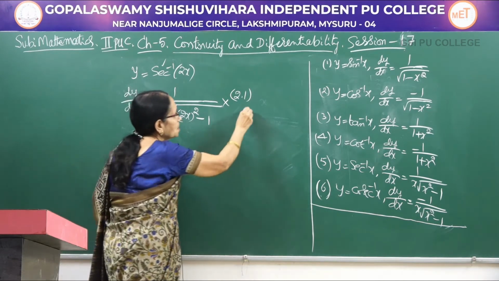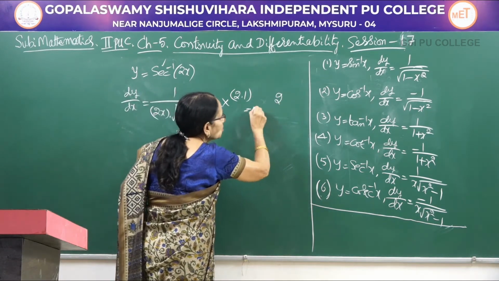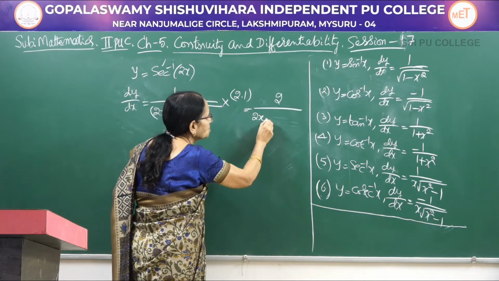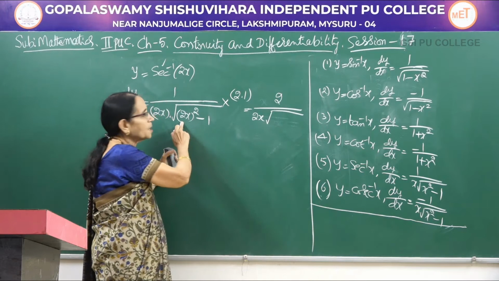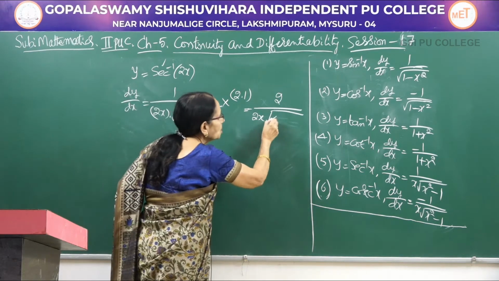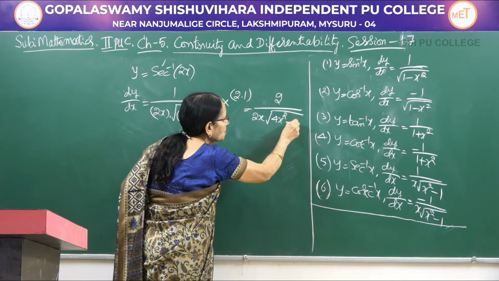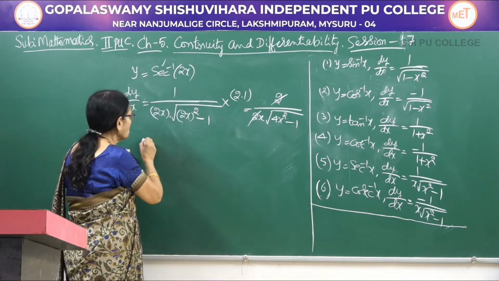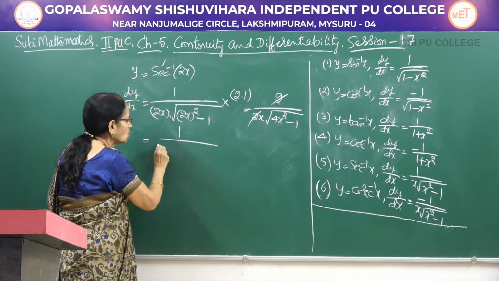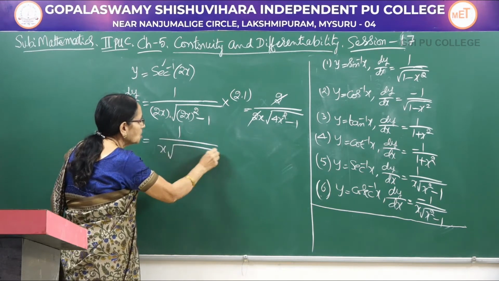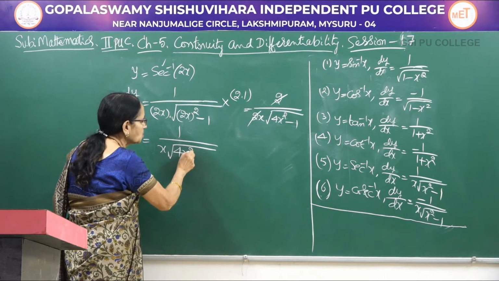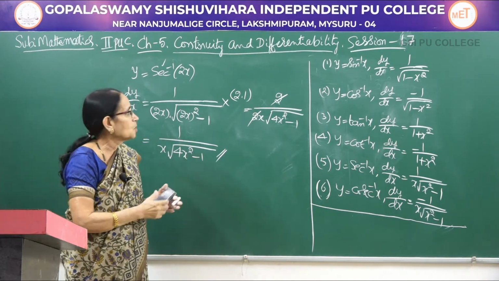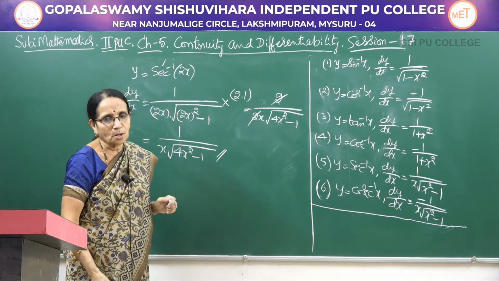So this can be written as numerator 2 divided by 2x, I am writing as it is, square root of 2x the whole square is 4x square minus 1. Now we can do the cancellation of 2 also. The answer becomes 1 over x into root of 4x square minus 1. So this is the derivative of this particular function.